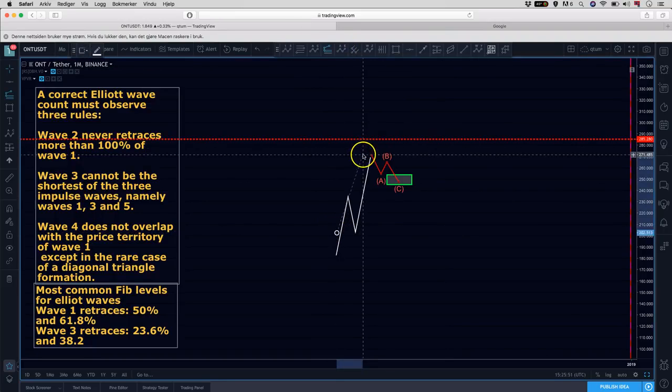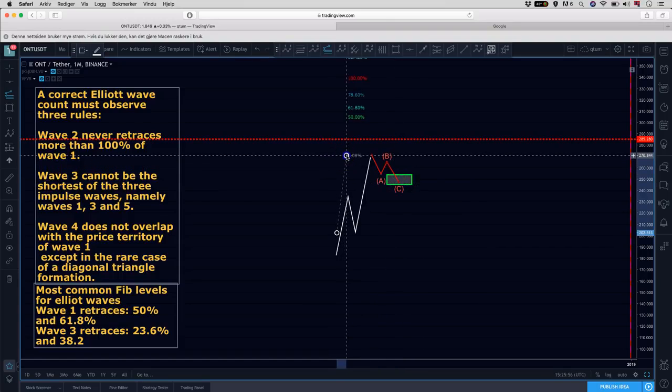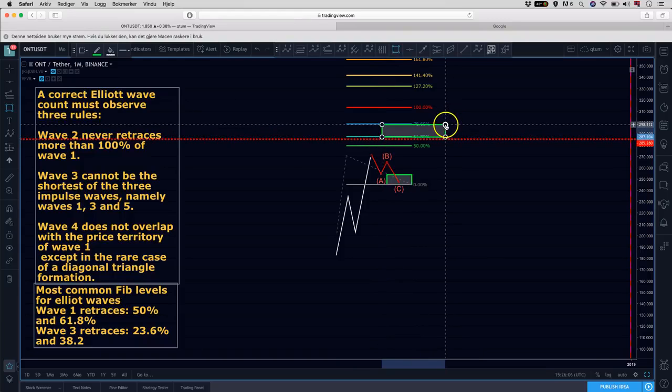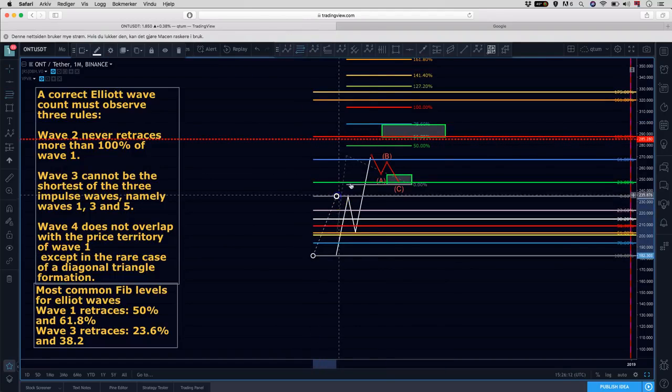When we are completing the corrective pattern and we believe the bottom is in, we can make a retracement here, where between the 0.618 and the 0.786 will be the most common place for a fifth wave. This is pretty short, I drew it, but you guys get the concept. So this is how you measure it.